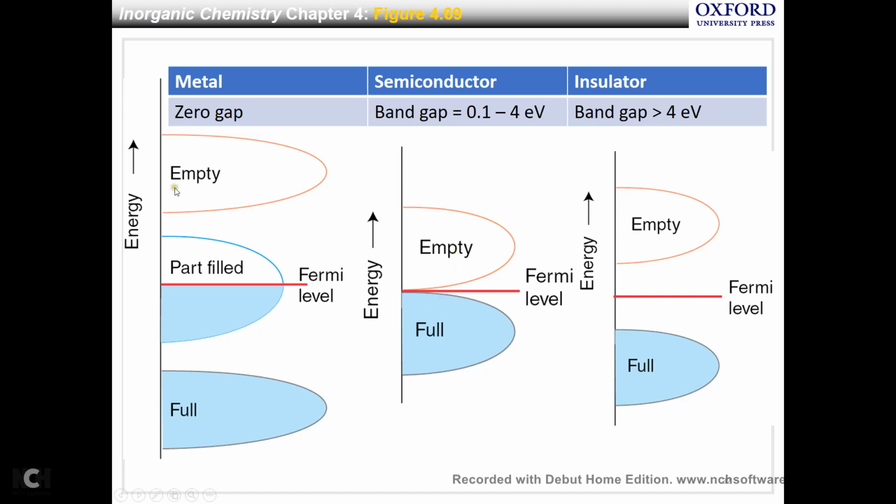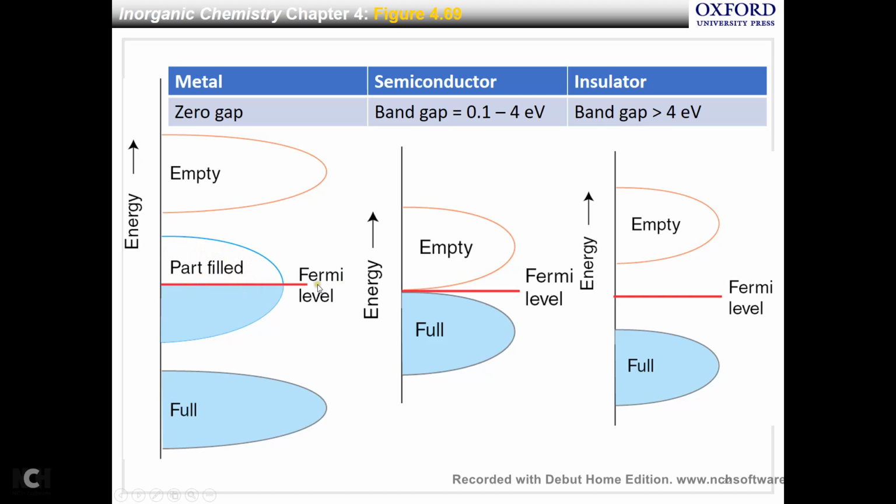Now let's look at metal. So we have empty bands, we have a completely filled valence band, but also in the middle we have a partially filled band. And the Fermi level is inside this band. Over here, most energy levels are occupied. Over here, mostly unoccupied energy levels.